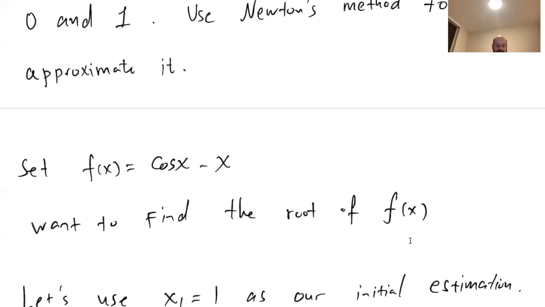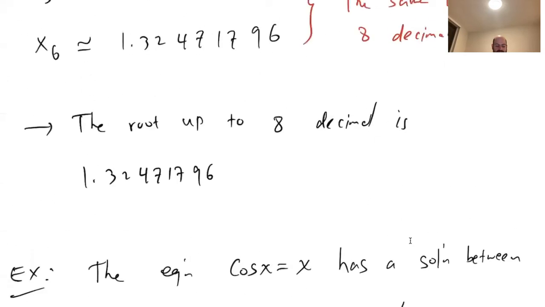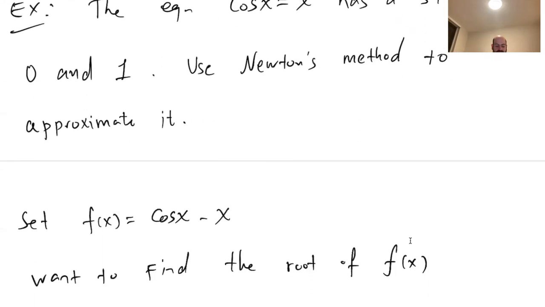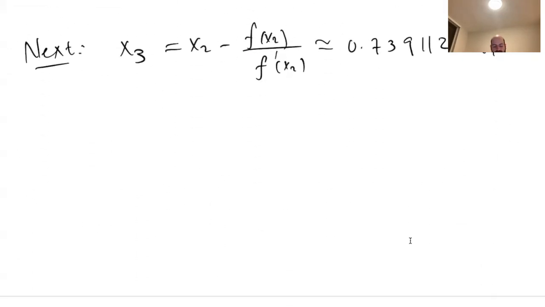So again, how do we know when to stop? Again, you have to look at the question. Let's say the question asks us to estimate up to 9 decimals. That means we have to continue until 2 consecutive estimations are the same up to 9 decimals. Then the root is also the same up to those 9 decimals.